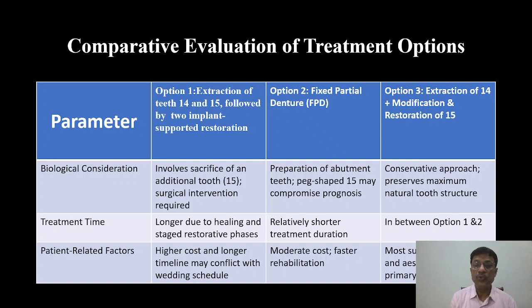In treatment option 2, the cost will be less and the time will be less, but the pontic effect is of some doubt, whether it will be able to support the restoration in the long run. In treatment option 3, where we extract only 14 and 15 is modified, this is the thing that can be considered seriously.